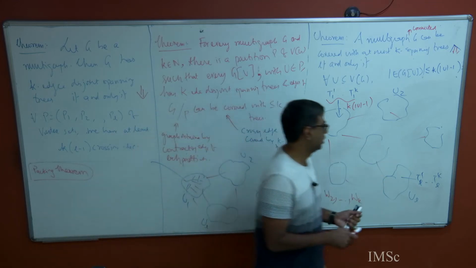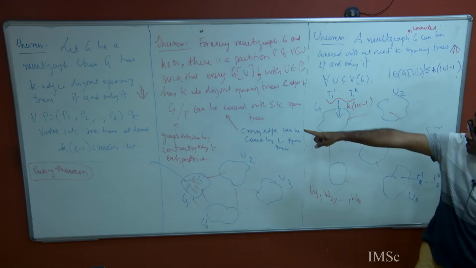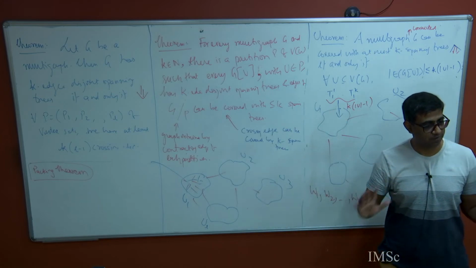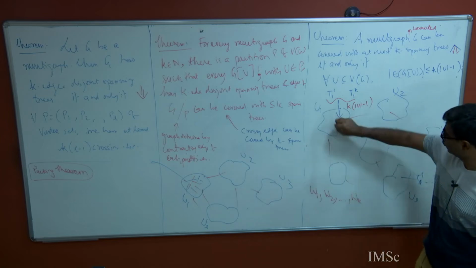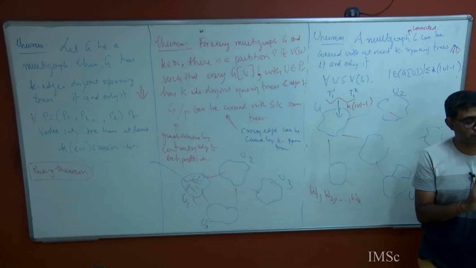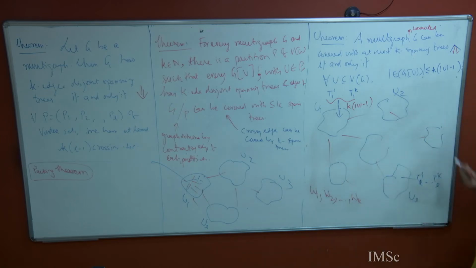So how did we do it? We said G contracted by P can be covered with at most k spanning trees. Now you contract each of these parts. If I contract these L parts, I have L vertices. How many edges can a spanning tree contain? L minus 1. If all your edges can be covered with at most k spanning trees, how many crossing edges can you have?